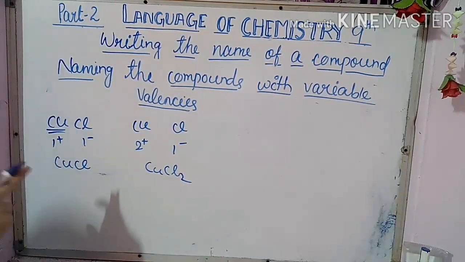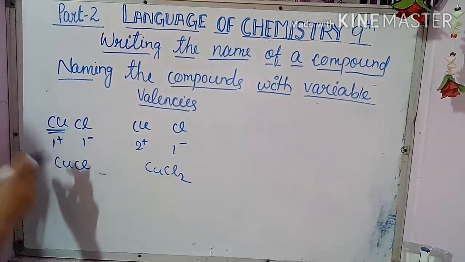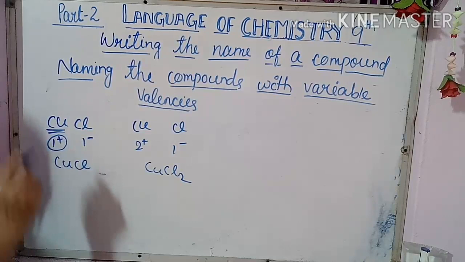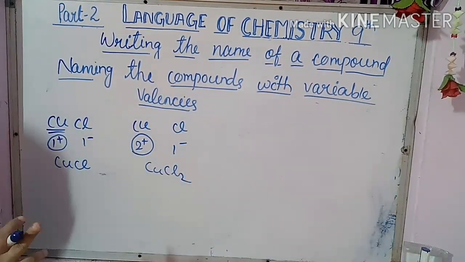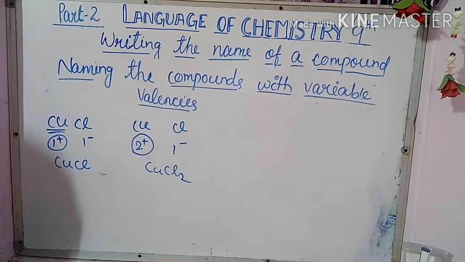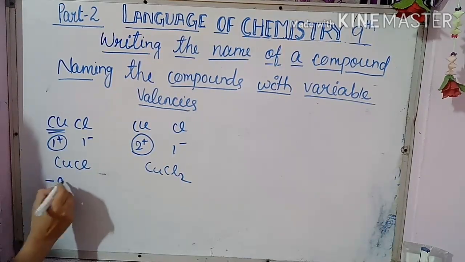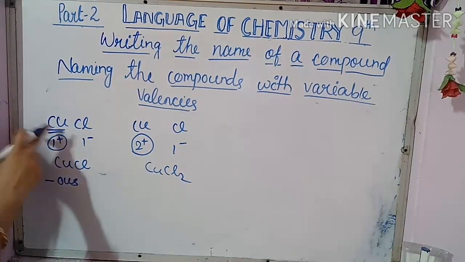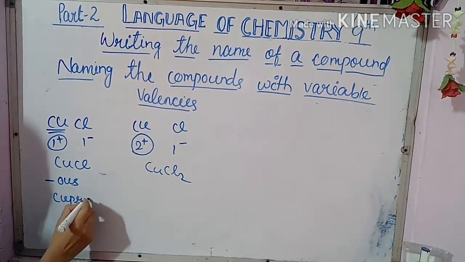In this case, how will you name the compound? In the two cases, 1 plus is the lower valency and 2 plus is the higher valency. Remember that whenever an electropositive ion makes a compound, the lower valency is always referred by OUS, so the name is cuprous.